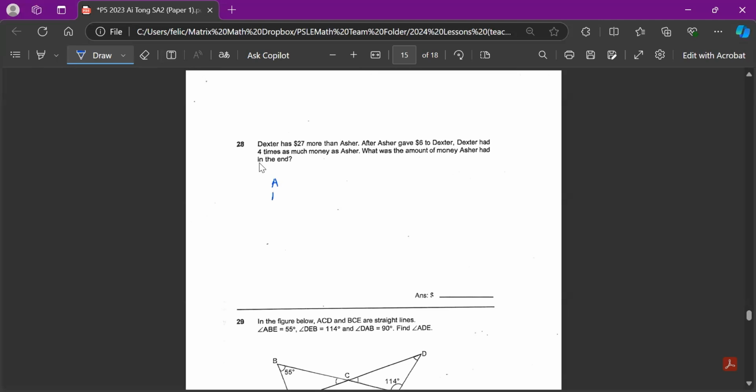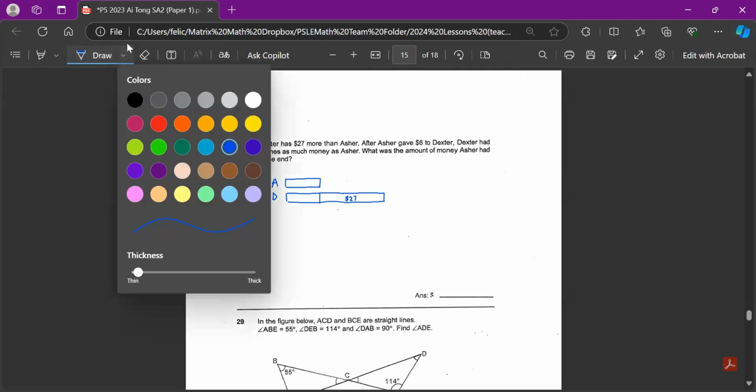Okay, so Asher and Dexter. Asher will be a smaller model from the beginning. Dexter would be a lot more. Let's exaggerate the $27. So Asher gave $6 to Dexter.